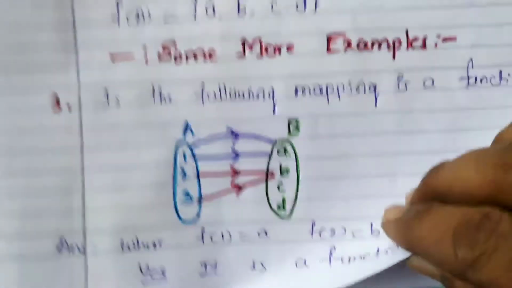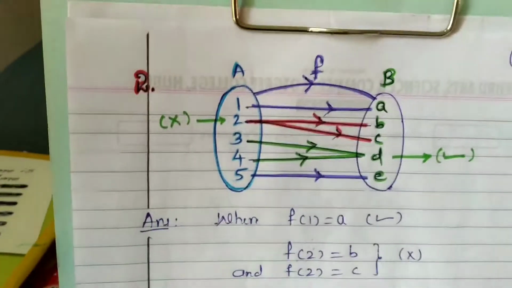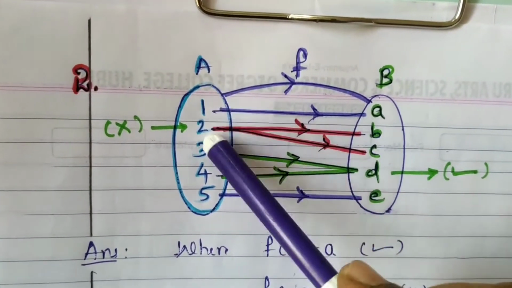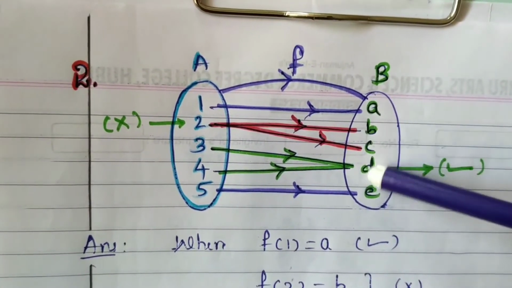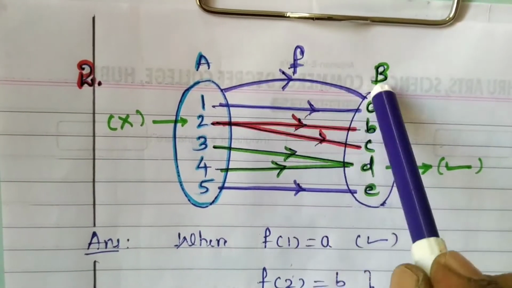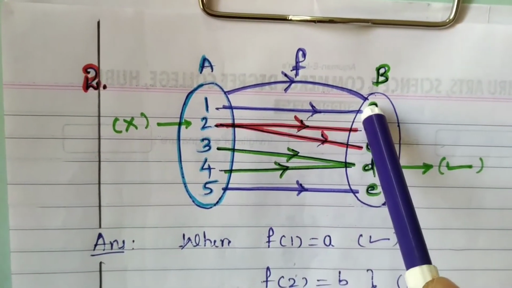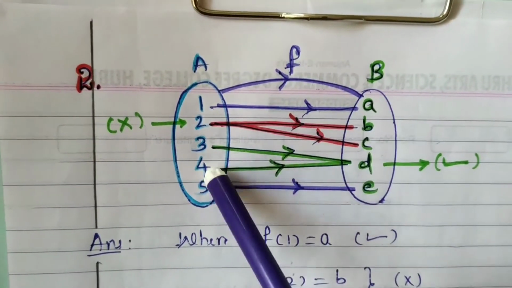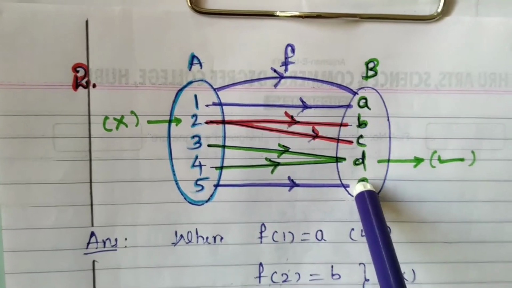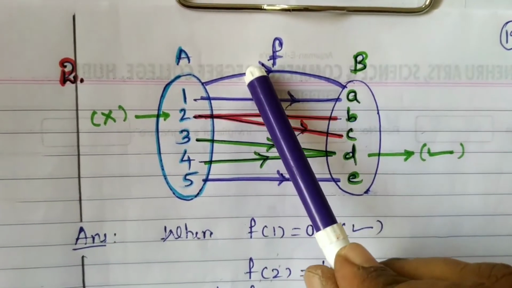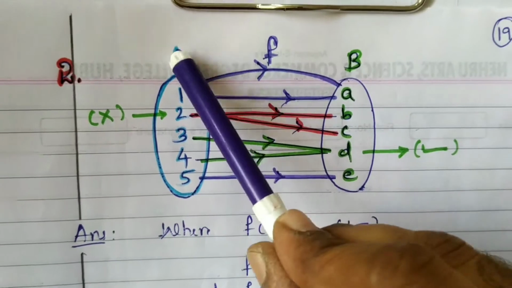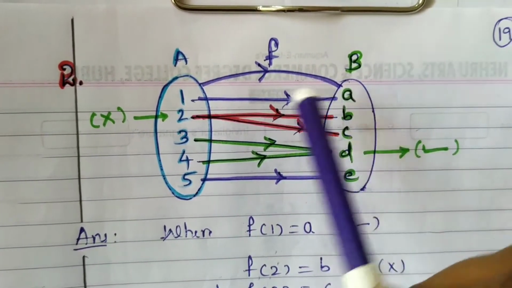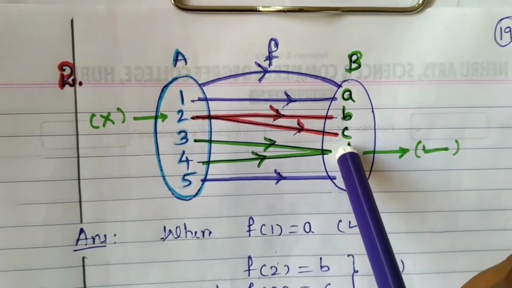Next, we can go for another example where f from A to B is defined. A contains 1, 2, 3, 4, 5. B contains the elements A, B, C, D. f from A to B is defined in this way: 1 is associated with A, 2 is associated with B and C, 3 and 4 are associated with D, 5 is associated with E. Does the definition stand here? The definition says that every element of A is associated with a unique element of B. 1 associated with A means a unique element. 3 and 4 associated with D means a unique element.